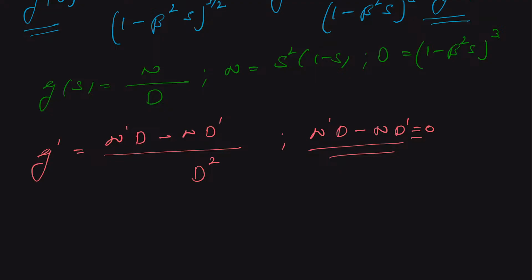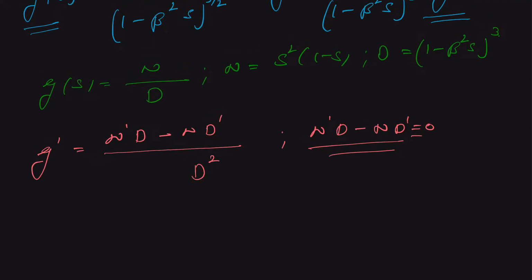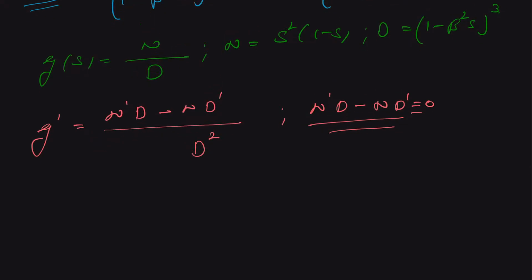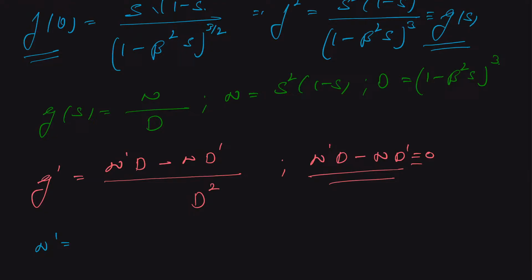And so let us do our n prime. Here we get n prime will be equal to 2s minus 3s squared, and our d prime will be equal to minus 3 beta squared (1 minus beta squared s) whole raised to power 2.